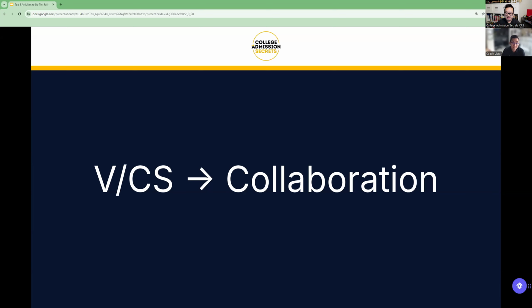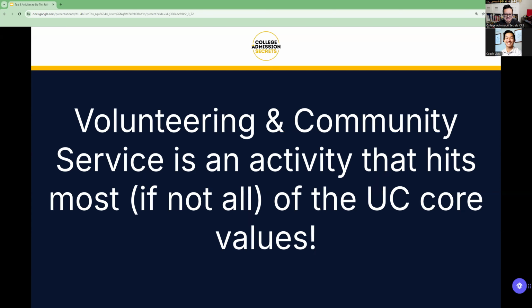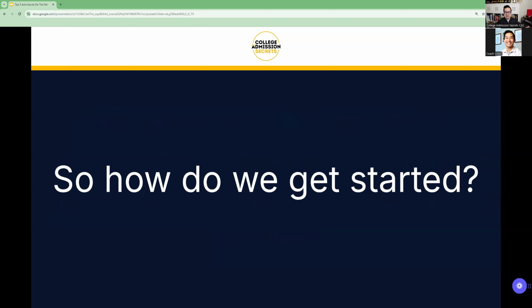You're collaborating with others. When you're volunteering, what you're trying to do is make the world a little more inclusive. Equity, right? You're volunteering usually for free because they couldn't afford it, so the goal is to help them out the best they can. So volunteering and community service is an activity that hits most, if not all, of the UC core values, which is why we like it so much.